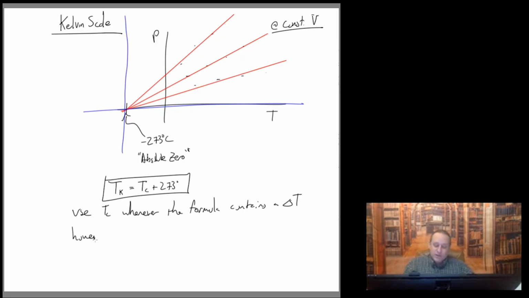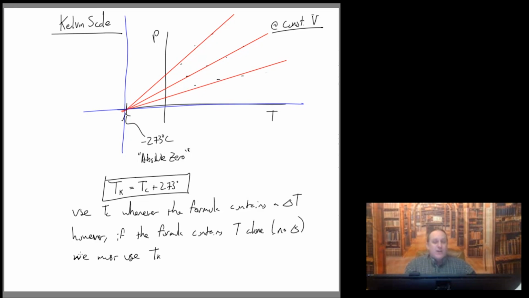However, if the formula contains T alone with no delta, we must use T Kelvin. There's not a deep reason for that, other than that the formulas are written such that if we only have a T, we better use Kelvin.